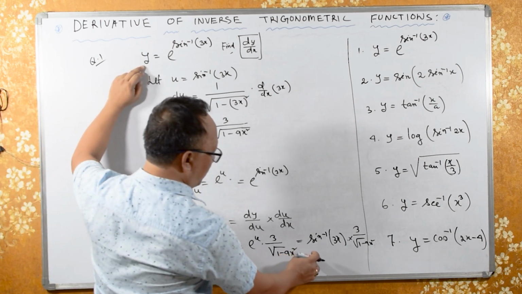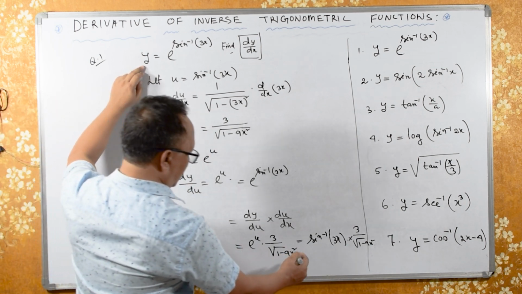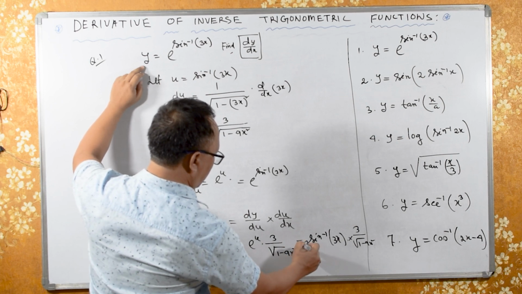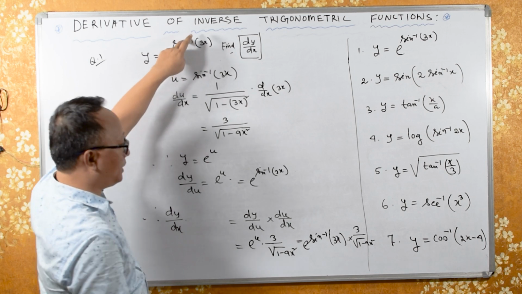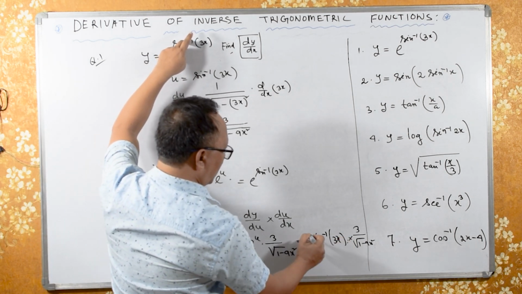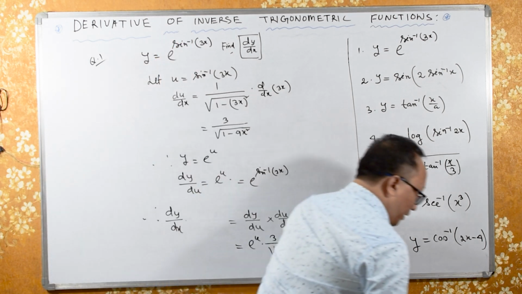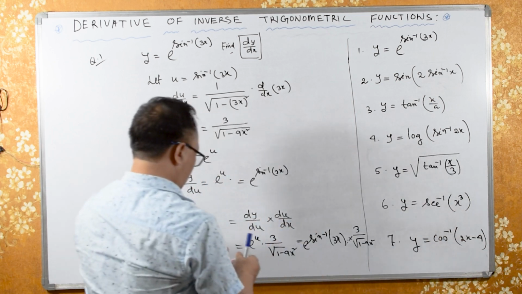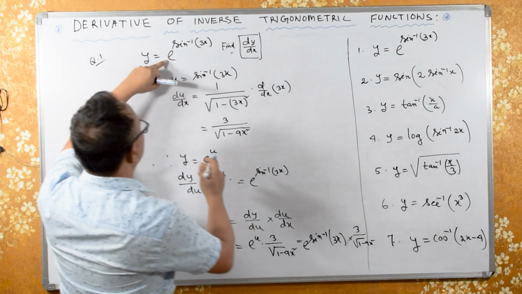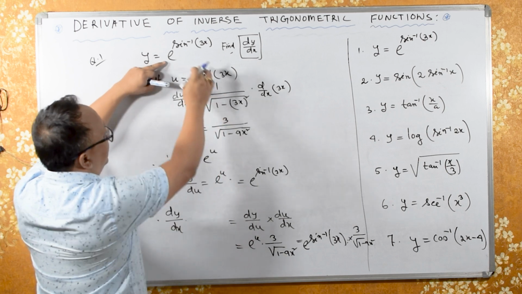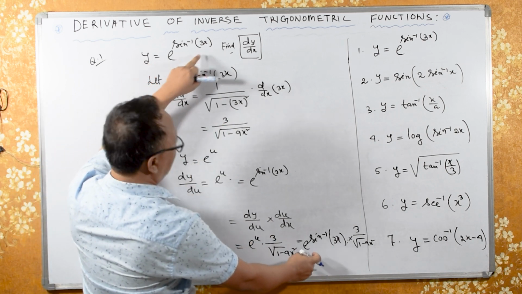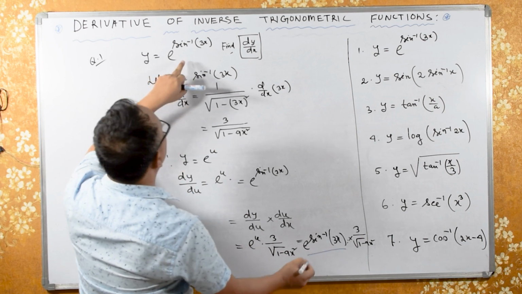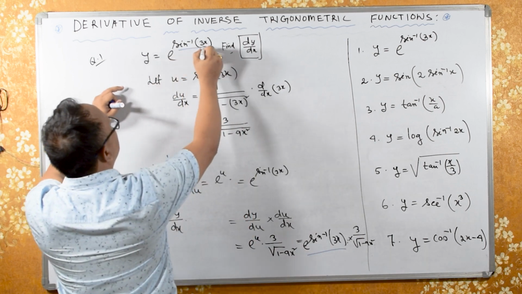Directly from here, what you can do is, this is e raised to something. Differentiation of e raised to something is e raised to something, into differentiation of that something with respect to x.